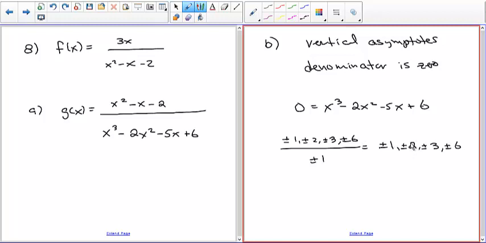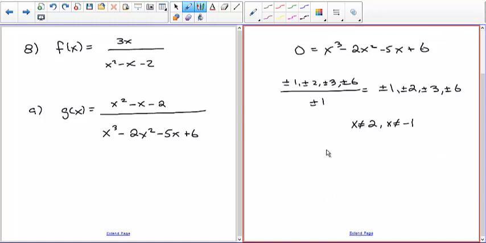We know most likely x is not going to be equal to 2 or equal to negative 1, because that's where the vertical asymptotes are. So, it could happen, but it's not likely to happen. So what I would do is I'd try 1. 1's always a good choice when it comes to solving a polynomial. So I put the coefficients up here.